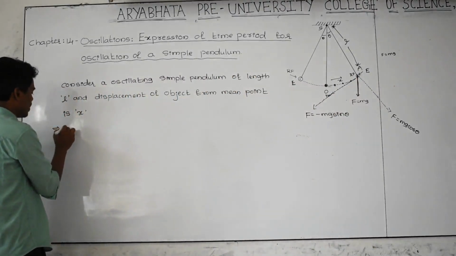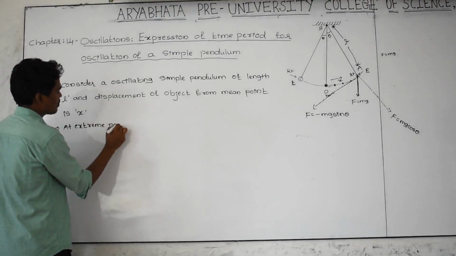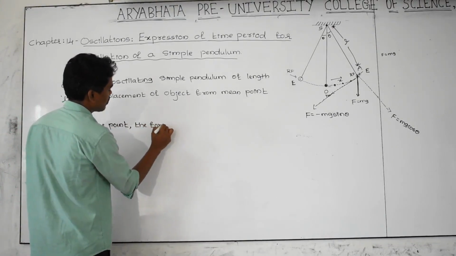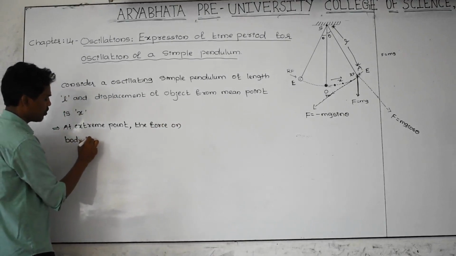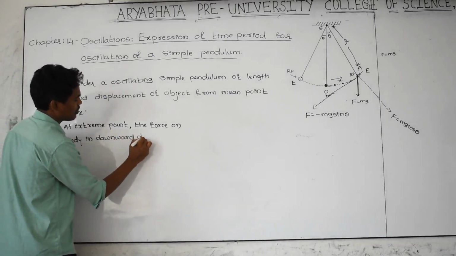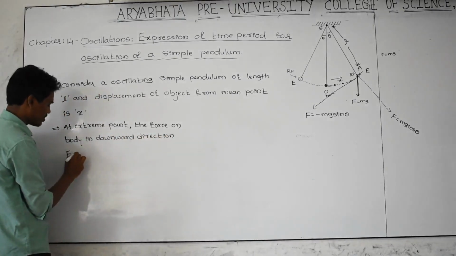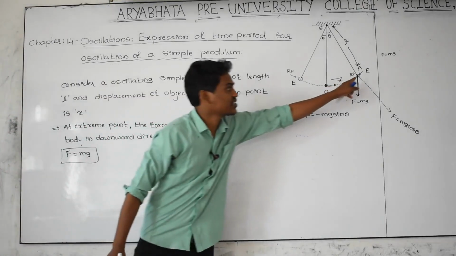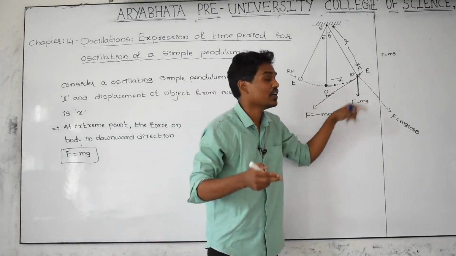At the extreme point, this F equal to mg can be divided into two rectangular components.